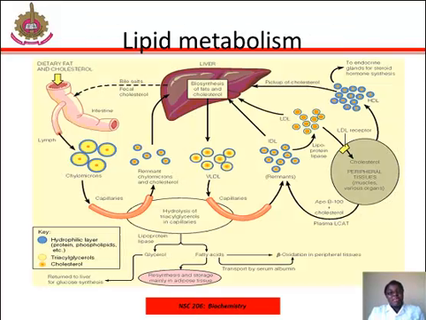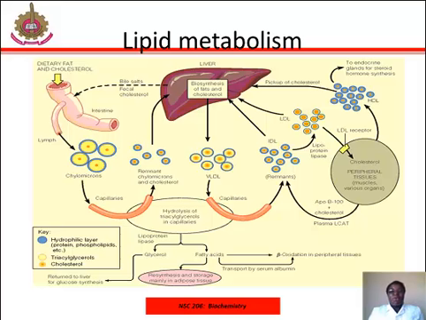Let's go into lipid metabolism. The major dietary lipids for humans and animals are animal and plant triglycerides, steroids, and membrane phospholipids. The process of lipid metabolism synthesizes and degrades the lipid stores and produces the structural and functional lipids.